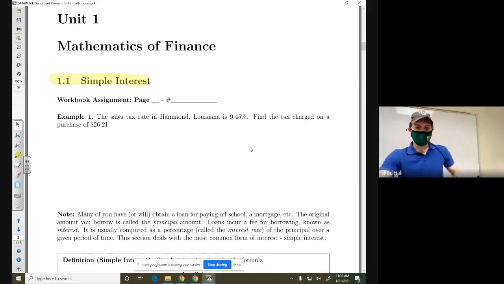And so for this first example, this is really going to demonstrate something called simple interest. What makes it simple? For one price, there's one fixed fee. That fee does not change. That fee is just instantly figured out right when you borrow.